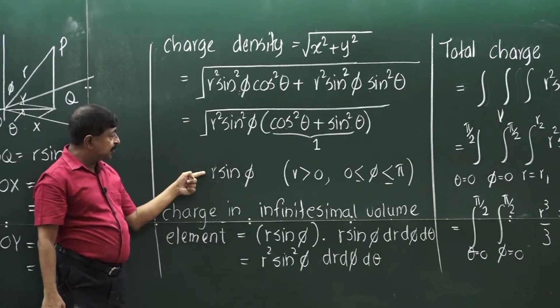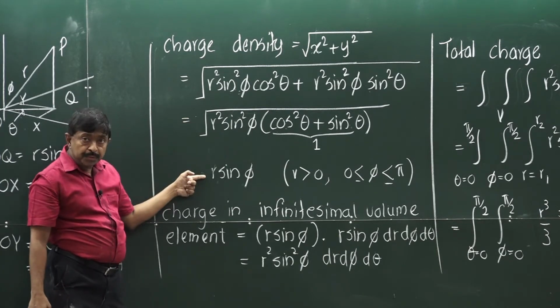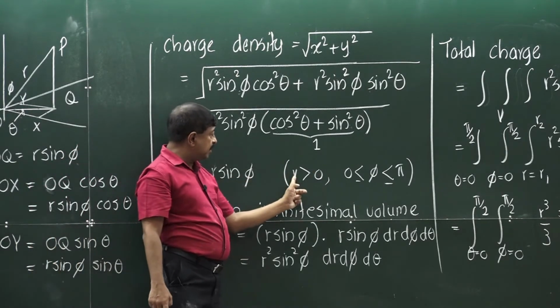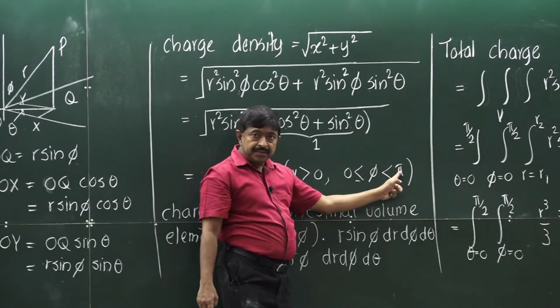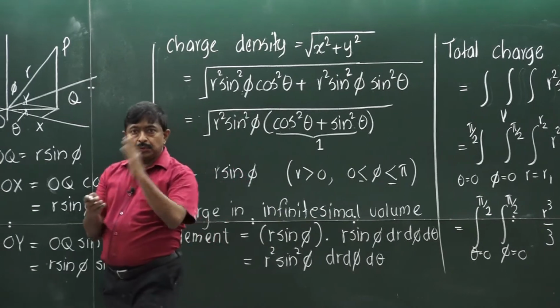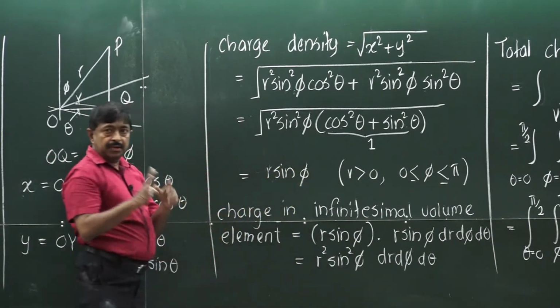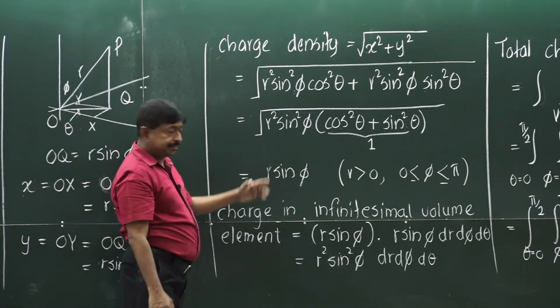So, you need to justify that this is non-negative. So, r is greater than 0, and since phi is in this range, from 0 to pi, sin phi is non-negative. Therefore, it is okay.